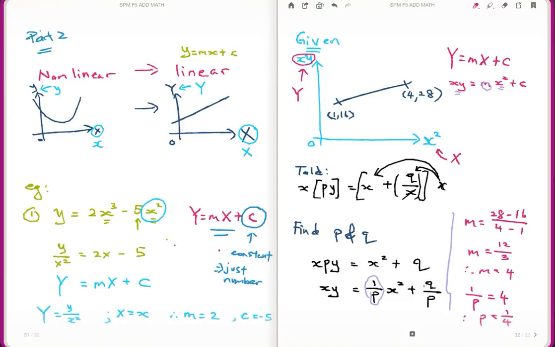Now, getting q would be a little bit tricky, because now you need to make use of either coordinate. I would choose a smaller number so that it will be easier to substitute into this equation.